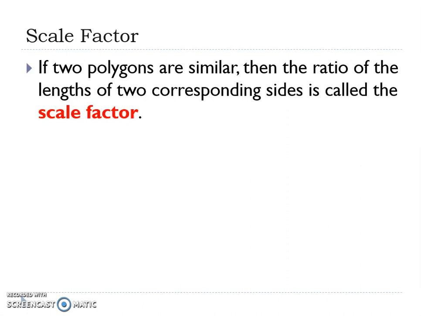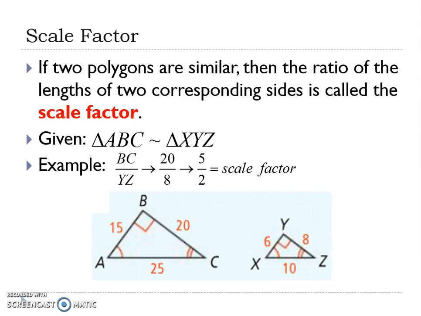So let's say triangle ABC is similar, this is the similar symbol, to triangle XYZ. If you look at these two triangles, these are similar. The angles are congruent, but the sides are proportional. So if you look at BC to YZ, these are corresponding.